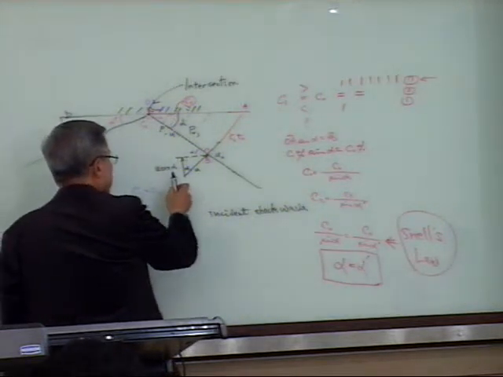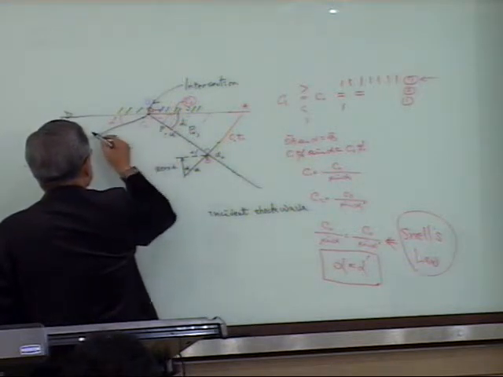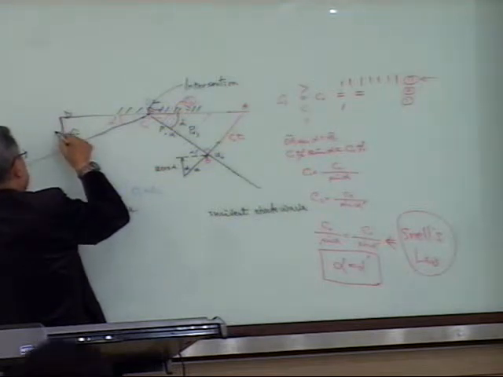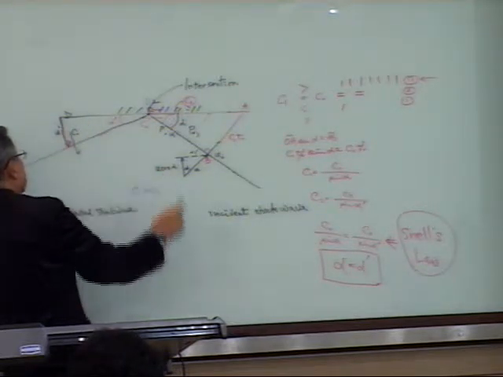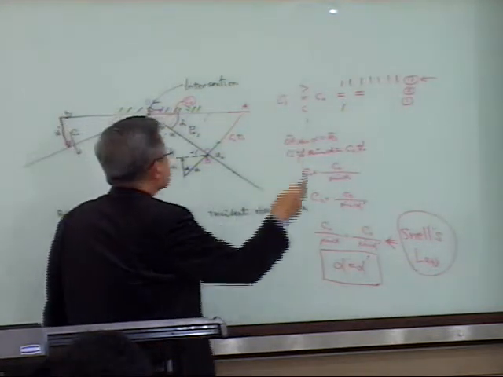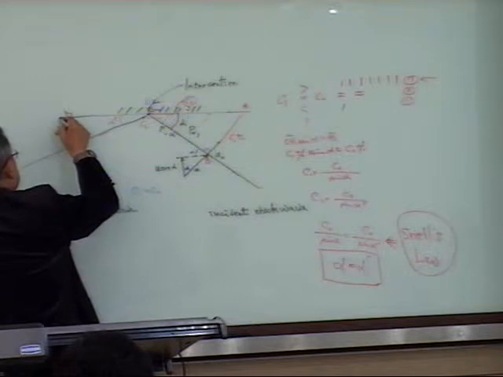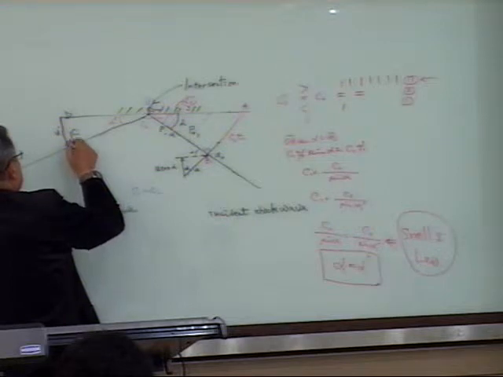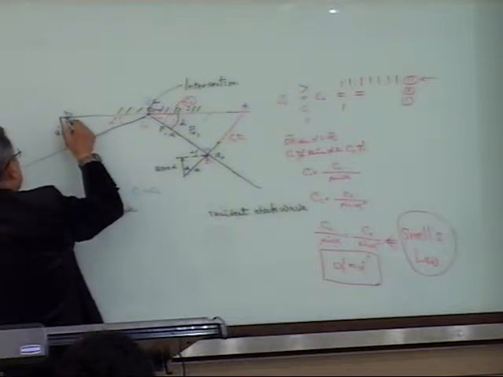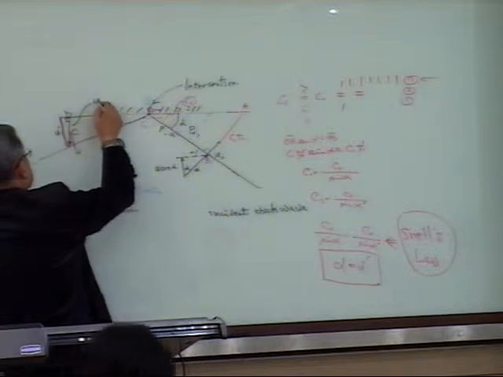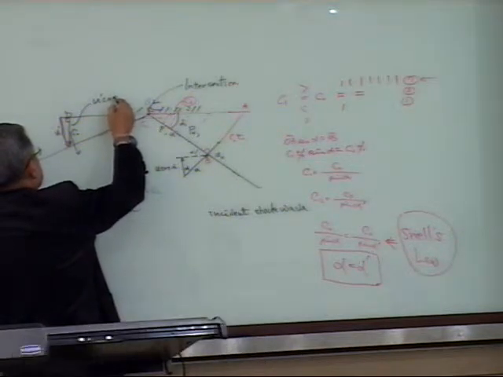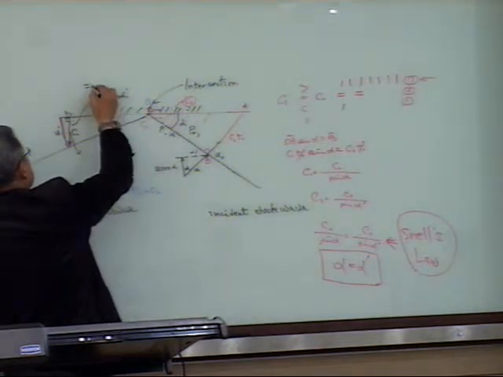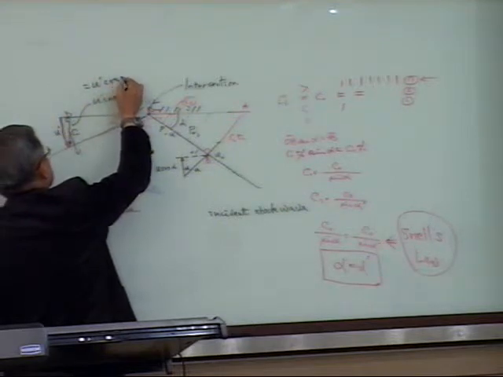And as you consider this guy, let's say U prime, if you draw the normal component, this is U prime cosine alpha prime. Alpha prime is equal to alpha. This is U prime cosine alpha.